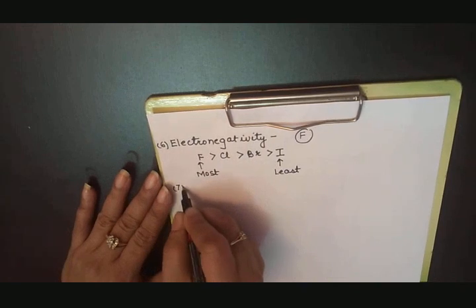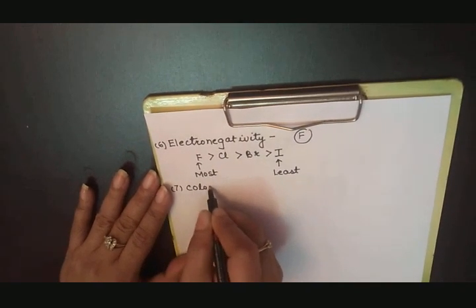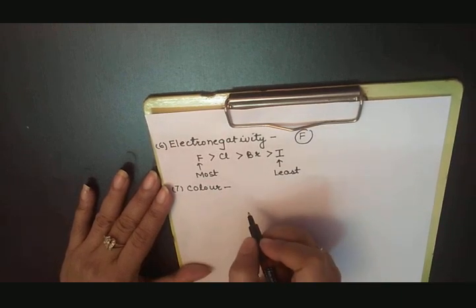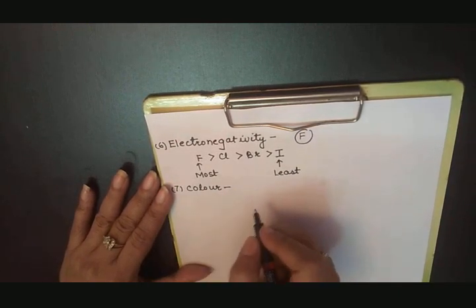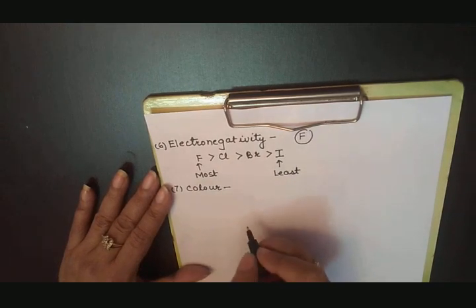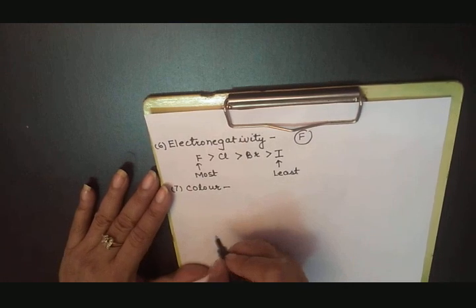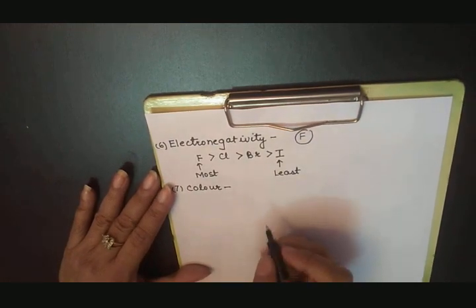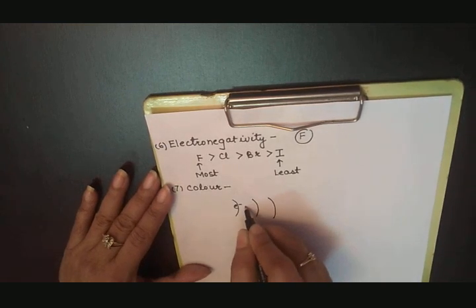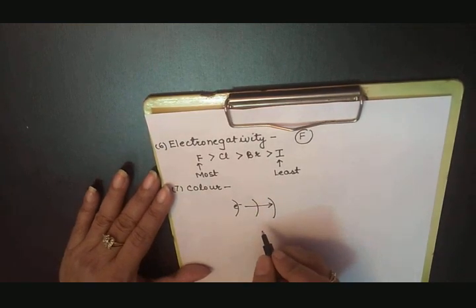The next property is color. Halogens display different colors. This is due to the absorption of different quanta of radiation. They absorb radiation in the visible spectrum, and this results in the excitation of a valence electron to higher energy shells.